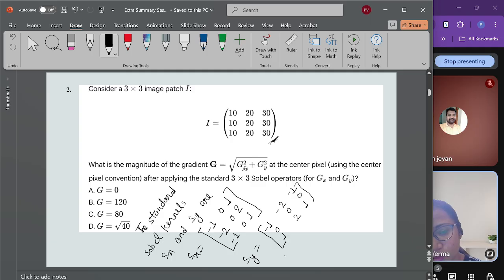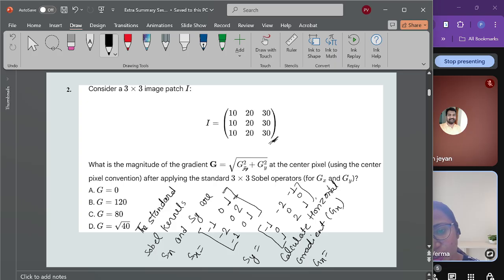So to calculate the horizontal gradient, that is g of x, here we will multiply this horizontal Sobel operator with the image patch, right?